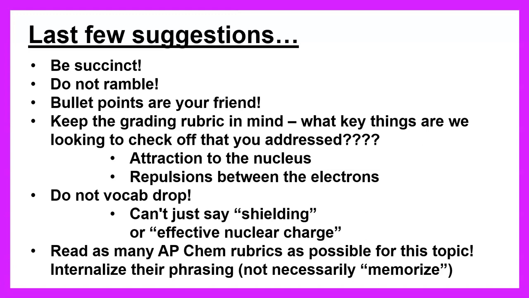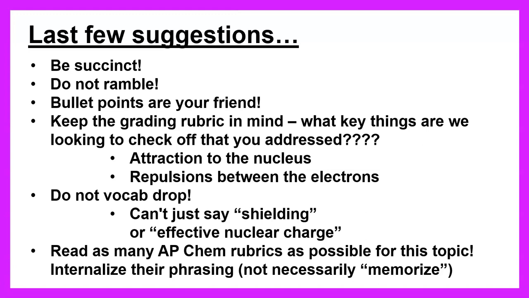And then the best thing I can suggest is that you look at as many actual AP Chem rubrics as possible, right? You have access to the internet. You are so lucky compared to previous generations in this class, right? Look at the rubrics, read how they phrase their answers, and look at how those points are broken up. And what I want you to do is internalize their phrasing, not memorize, right?